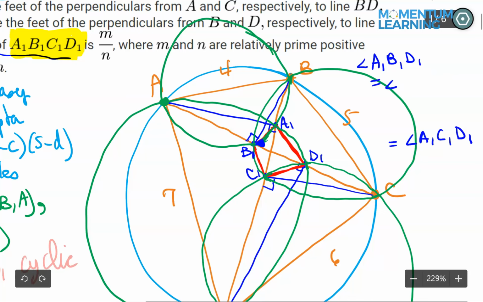Do you guys see that A1 B1 D1 is an external angle of the cyclic quadrilateral A B1 A1 B?